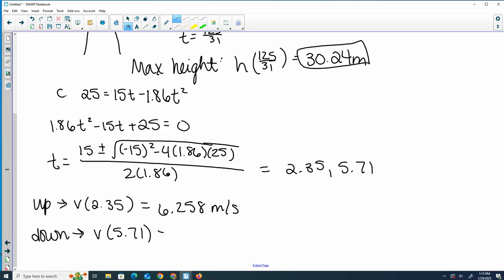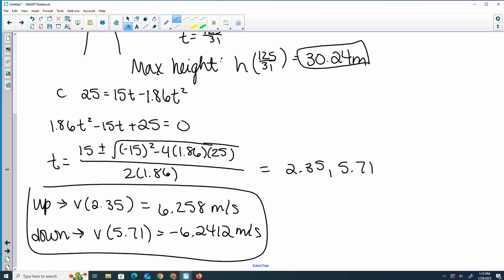And coming down, it should be a negative. So that's where I got those. I would have missed those points. Does that make a little more sense?